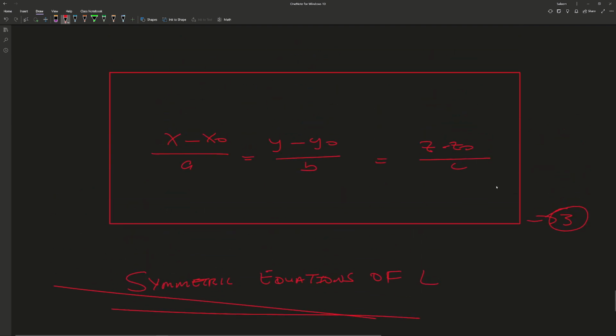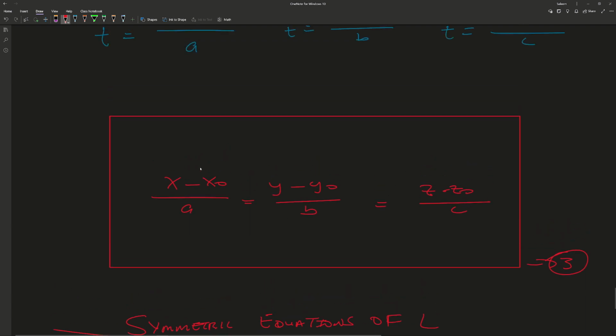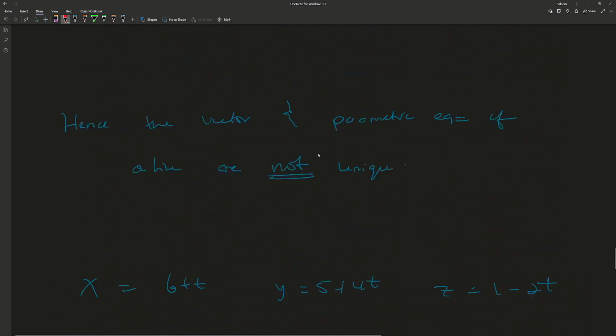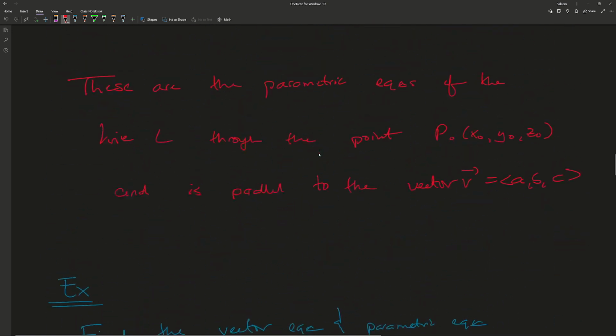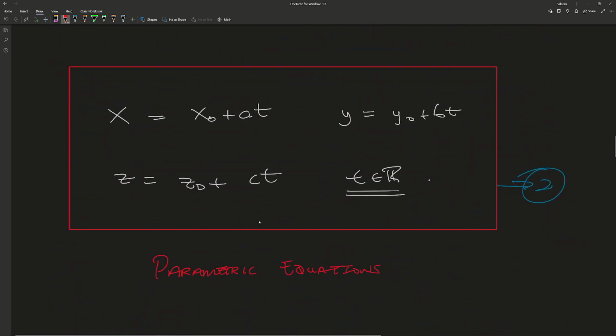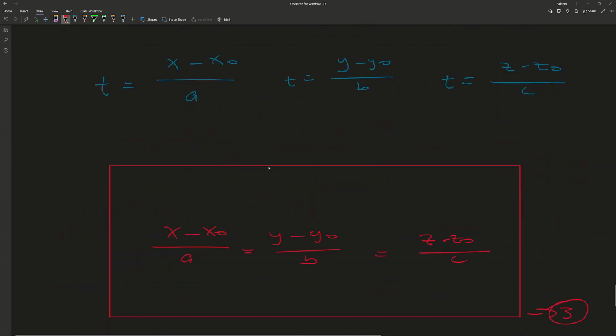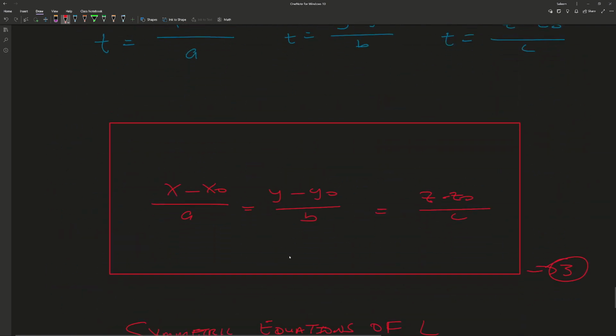So we have the vector equation of the line, we had parametric equations, and now we have symmetric equations of the line L. And notice something here: a, b, and c now appear as the denominators. Let's go back. These are the direction numbers of L, that is, the components of a vector that is parallel to L.